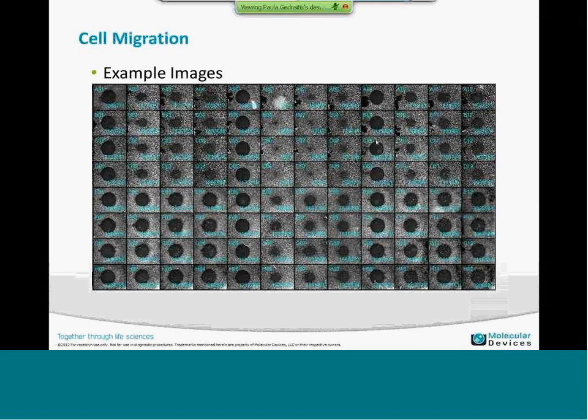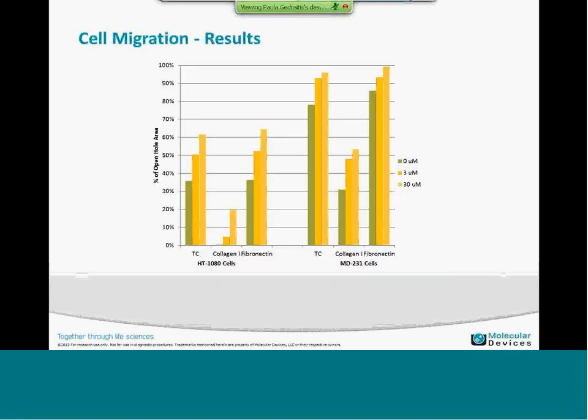We want to count the center hole, how much of it is black and how much of it is covered by cells. The plate had a few different treatments on it to show what the results were like. This measurement was the percentage of the area that was open, so the lower the number, the more the migration, I believe.